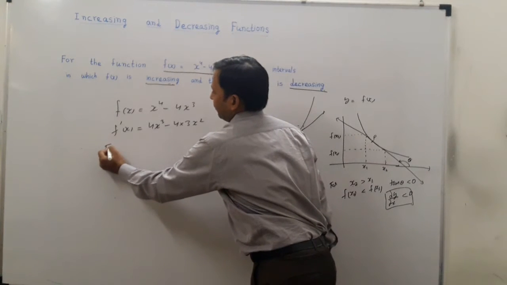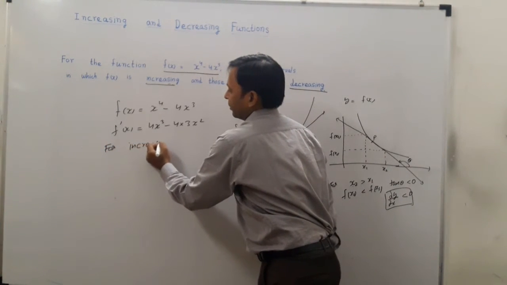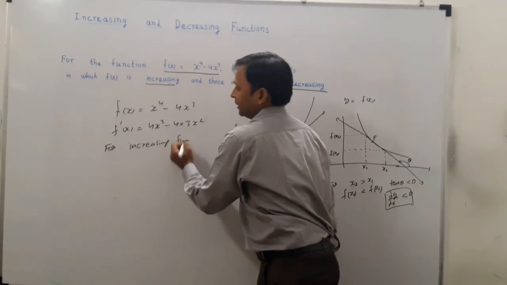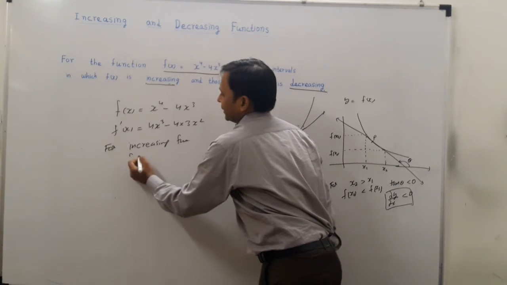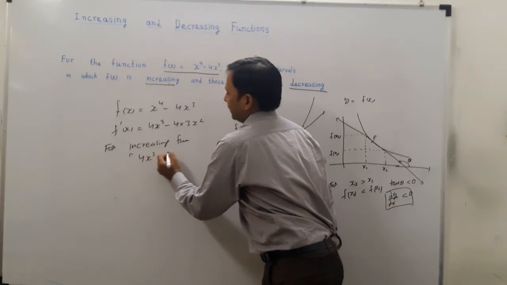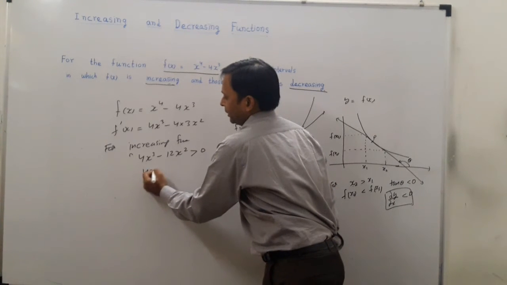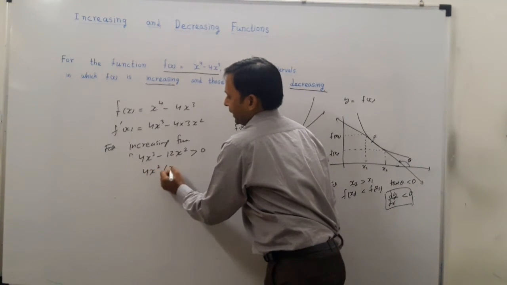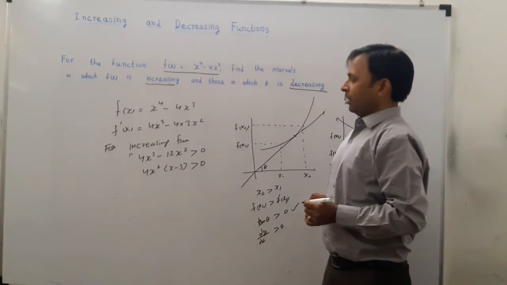So for an increasing function, what will happen? For an increasing function, this f dash x has to be greater than 0. This f dash x is greater than 0 means 4x cubed minus 12x square should be greater than 0. If I take 4x square common, I will get 4x square into x minus 3 greater than 0.